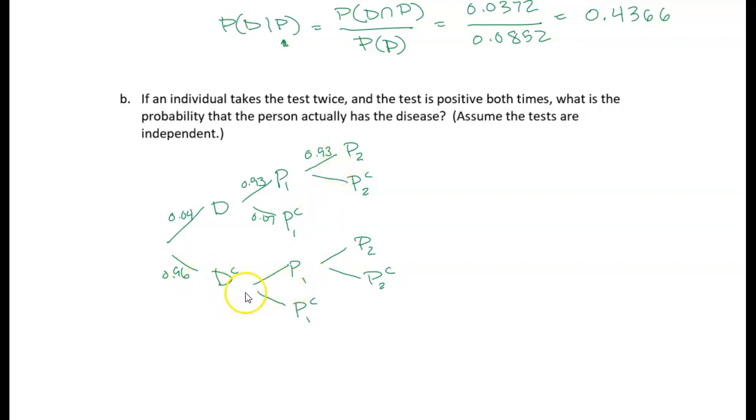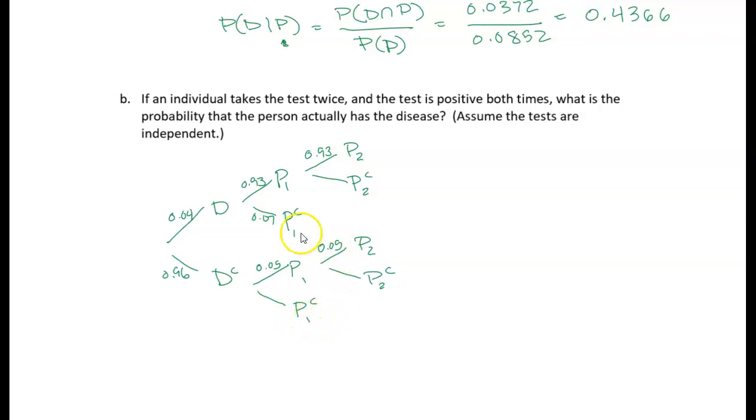Now, if you don't have the disease, there's a 5% chance that you'll test positive, and the same way, if you test again, it's still 5%.